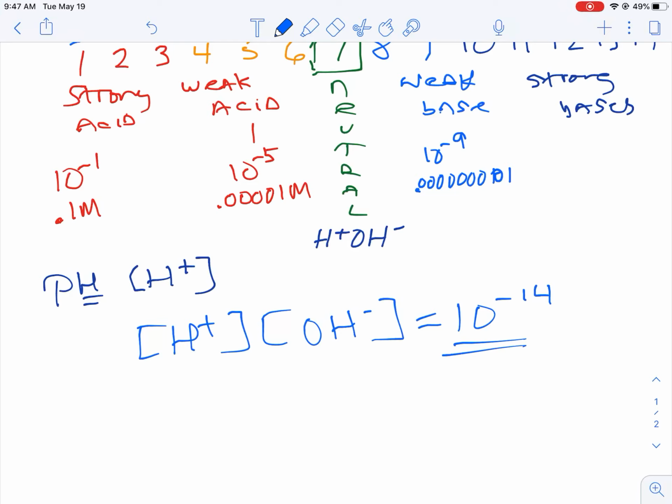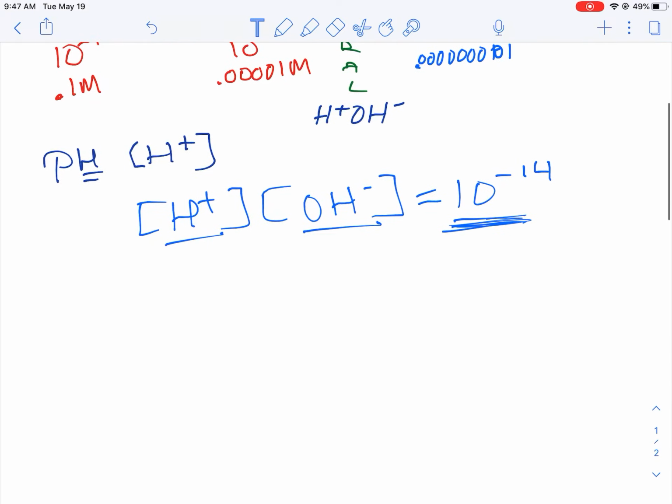And if you're given either this or this, using this number right here, you can kind of figure out what the other number is. So in our notes, we basically said that as one goes up, the other goes down. And the reason that happens is because the two numbers together have to multiply to be 10 to the minus 14th.